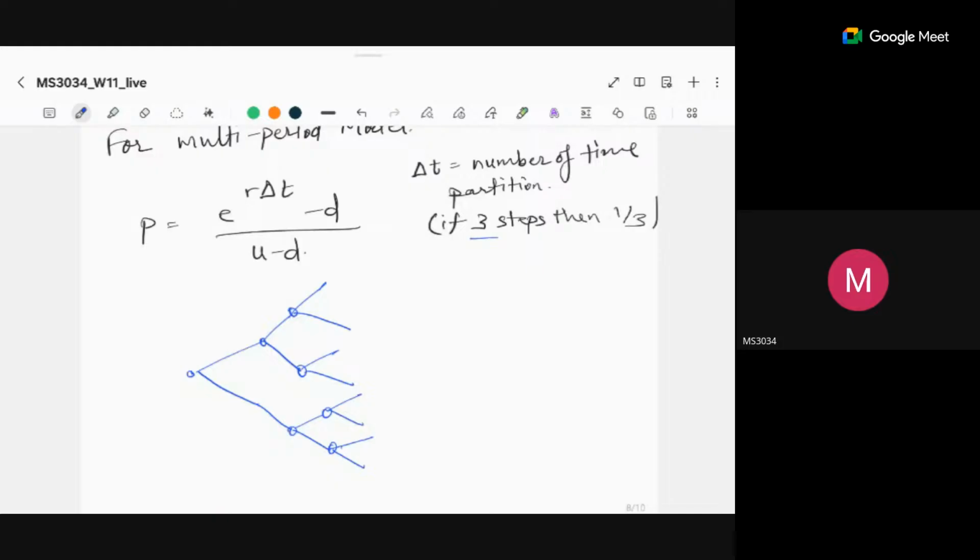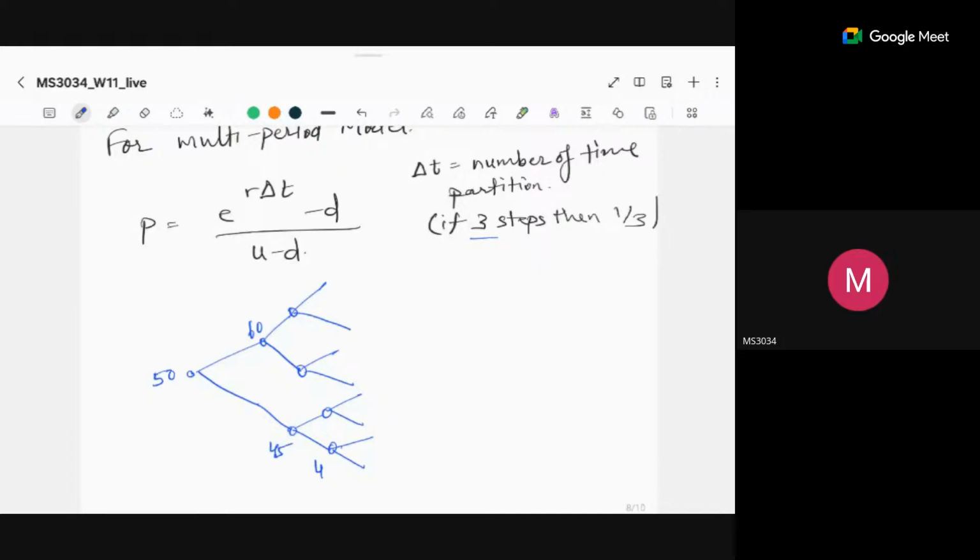Once you have the probability of upward price movement, you can use that to find the expected value of my call option at expiry. Let's suppose it was 50 here and it goes to 60. Let's suppose the up movement is this only, so it goes up by 20% and goes down by 10%.